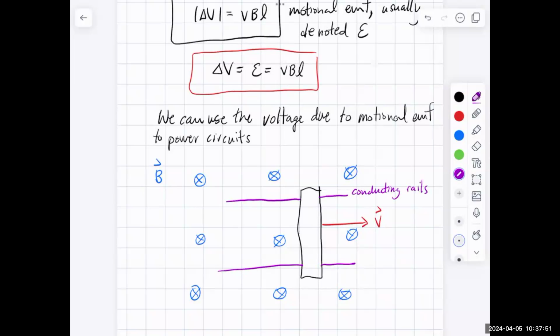And then we're going to connect the 2 rails together. I need to make a loop. If I want to have a circuit, I need a closed loop. So I'm going to connect the 2 rails together using a resistor.